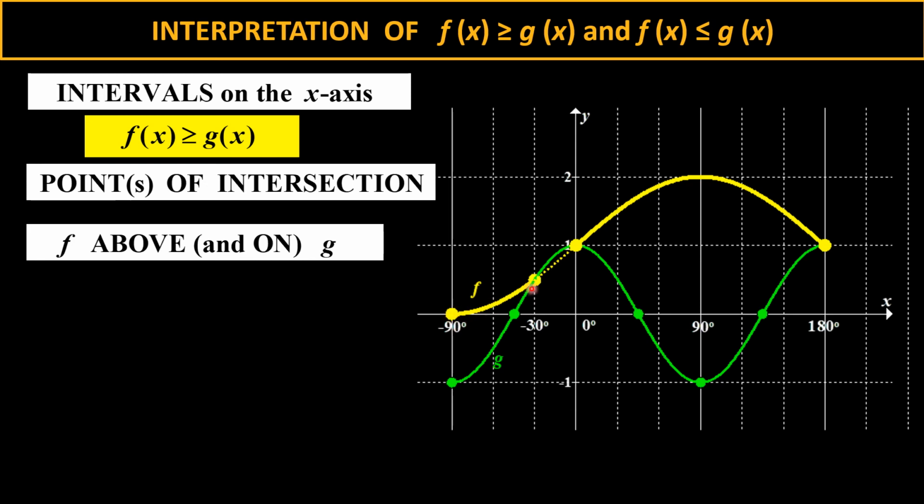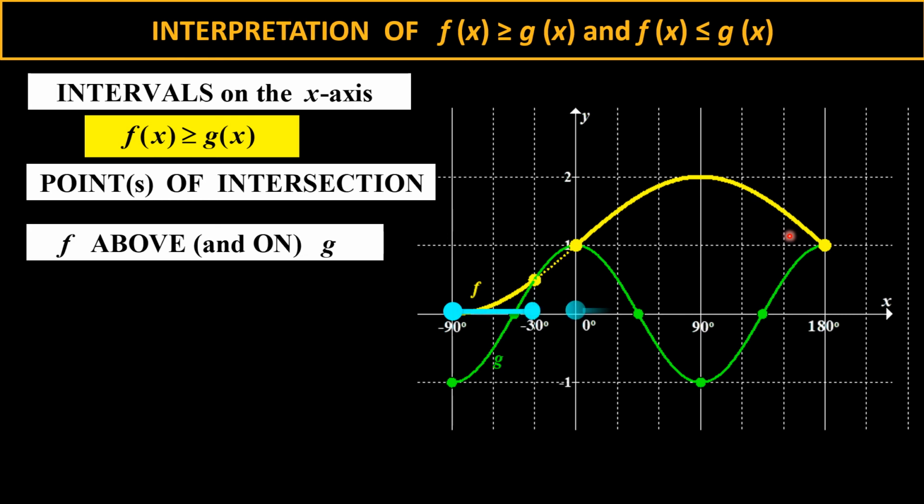Can you see there the f graph is above the green? And in the next portion, between negative 30 and 0, the f is below, and I've indicated that with a dotted line. Then again, from 0 to 180, it is above.